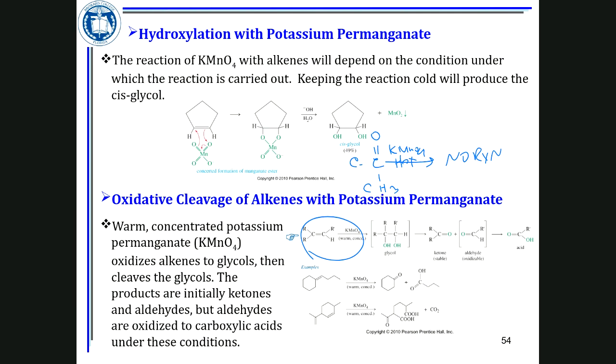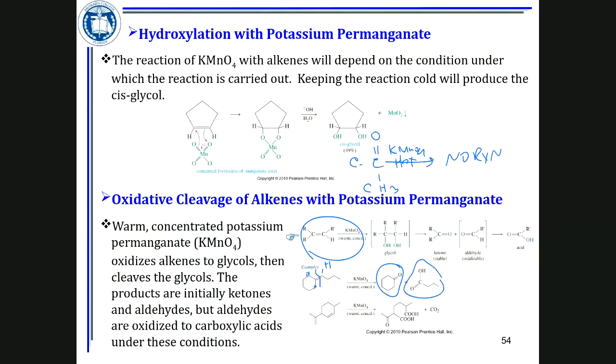So when the oxidative cleavage happens here, there is a hydrogen on this carbon. Because there is a hydrogen on that carbon, this is going to change to aldehyde as the first step, and then it would change to carboxylic acid as the final step. On the left side, the CC double bond, this carbon is attached to 2 carbons, and because it's attached to 2 carbons, it's going to change to ketone, and it will stay as ketone.